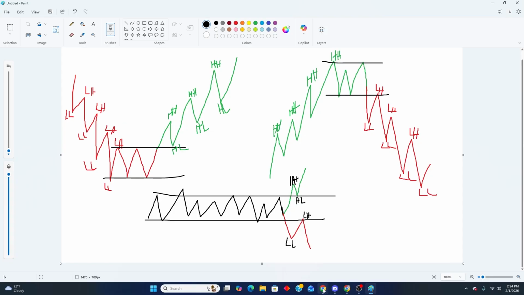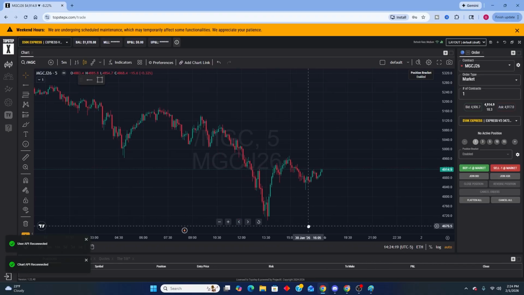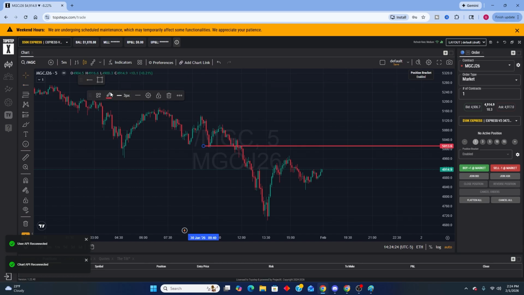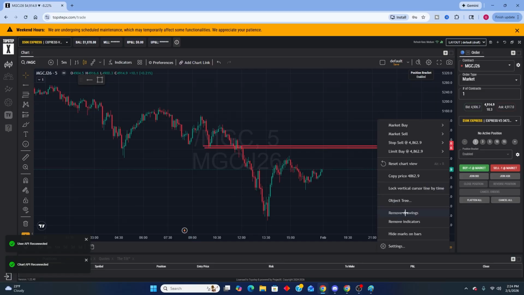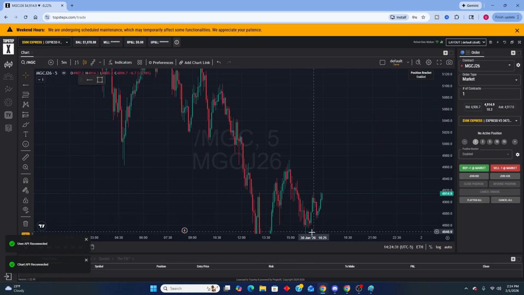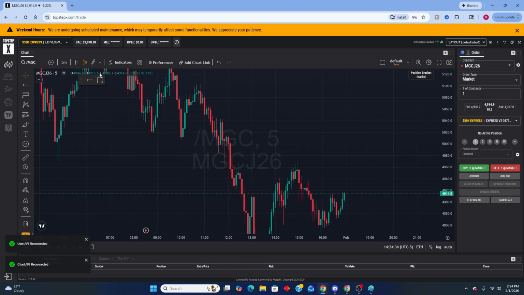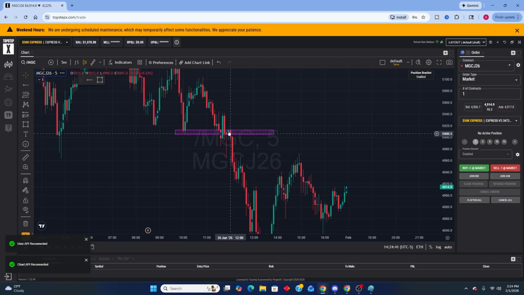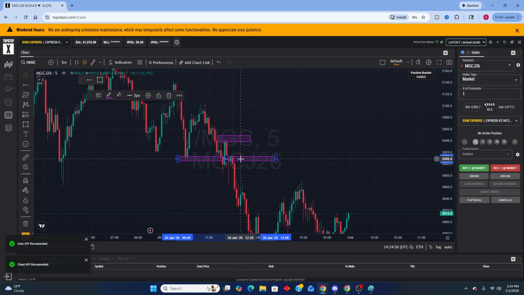Brief example, real quick. If you want to really look in, matter of fact, let's do a box. Let's look in. Lower low, lower high, let's grab the box.